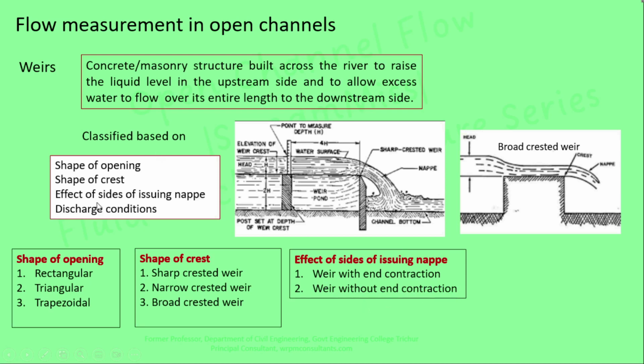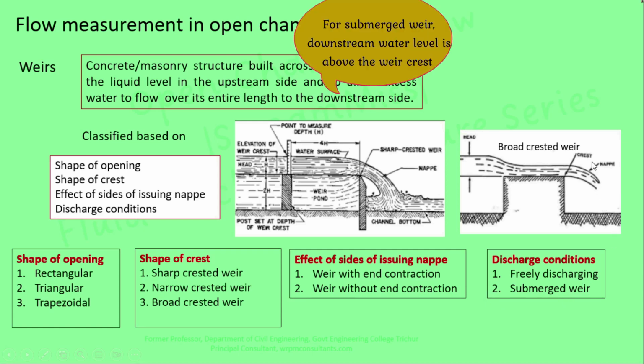Weir is also classified based on discharge condition as weir discharged freely and submerged weir. Since the water level in these two cases is less than the crest of the weir, these two weirs are called freely discharging weirs, whereas in the case of a submerged weir, the downstream water level is above the crest of the weir. So this type of weir is called submerged weir.